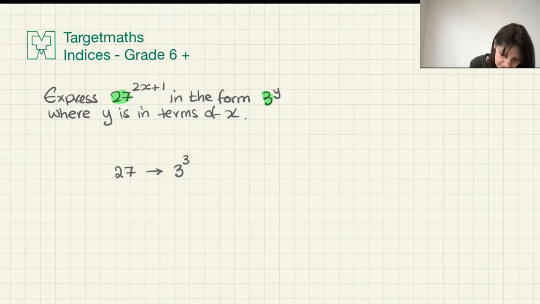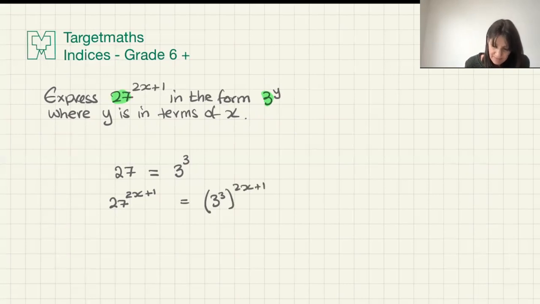So these are equal to each other. 27 is actually equal to 3 to the power of 3. So if I now say I've got 27 to the power of 2x plus 1, I have 3 cubed, all to the power 2x plus 1.